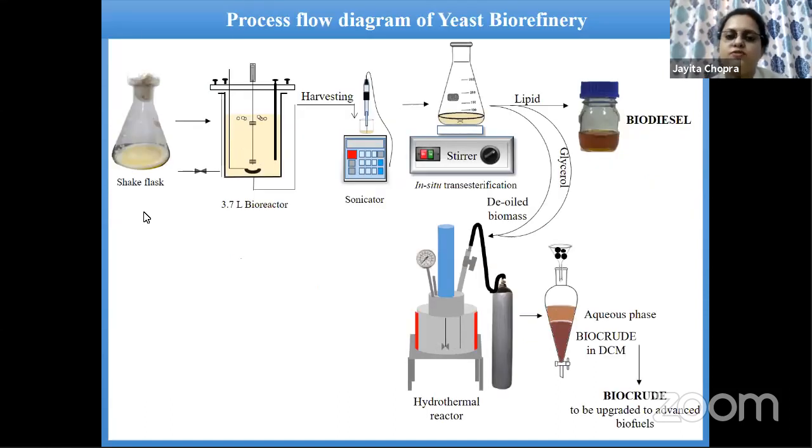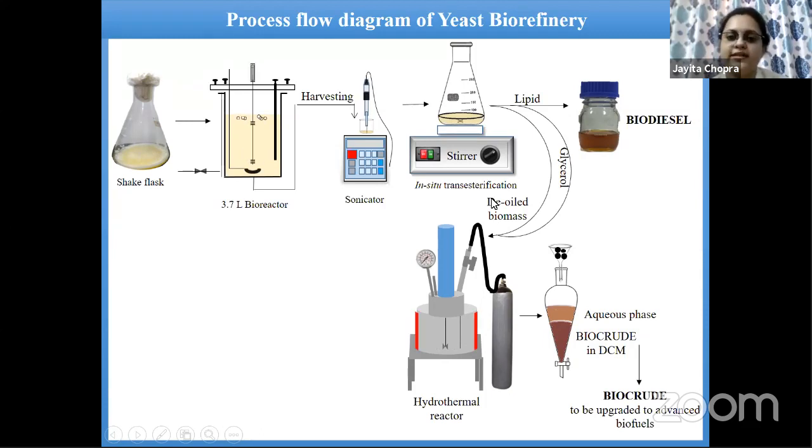This is the process flow diagram of the yeast biorefinery, the work that I performed during my PhD. We cultured the yeast in a shake flask and optimized all the process conditions, and then the optimal conditions were validated in a 3.7 liter lab scale bioreactor. After the biomass was harvested, cell disruption was performed using ultrasonication, and the direct trans-esterification method was used.